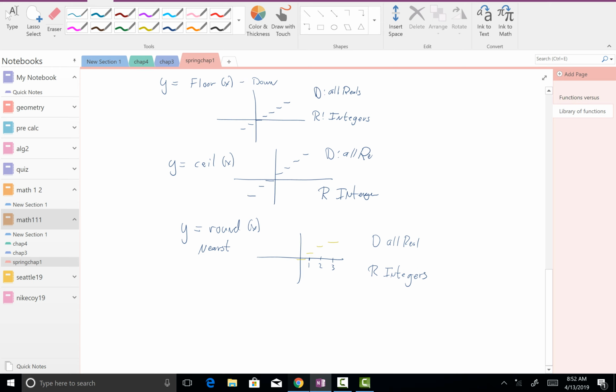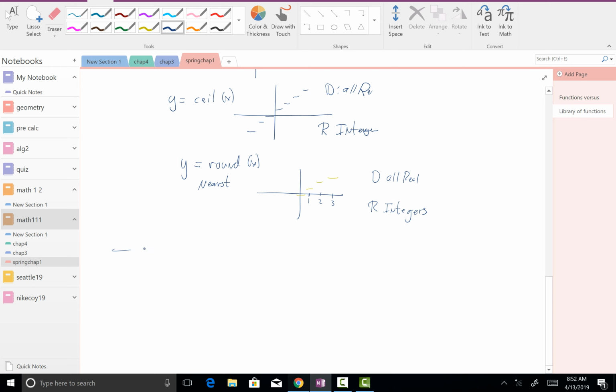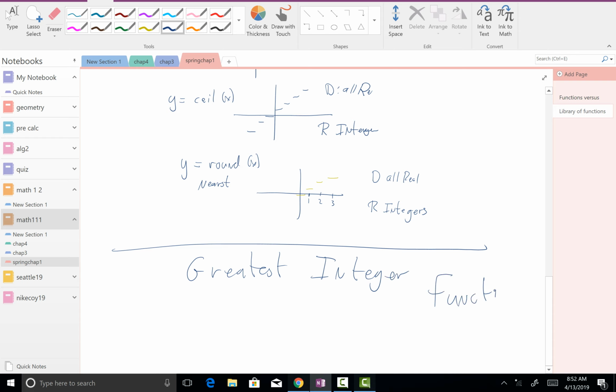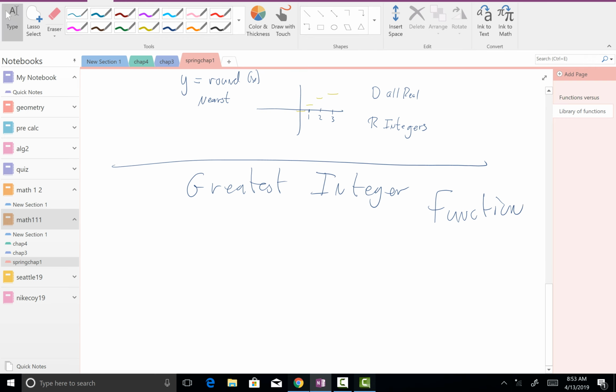Now, in the text and in mathematics, they have this thing called the greatest integer function. The greatest integer function takes on one of those things.